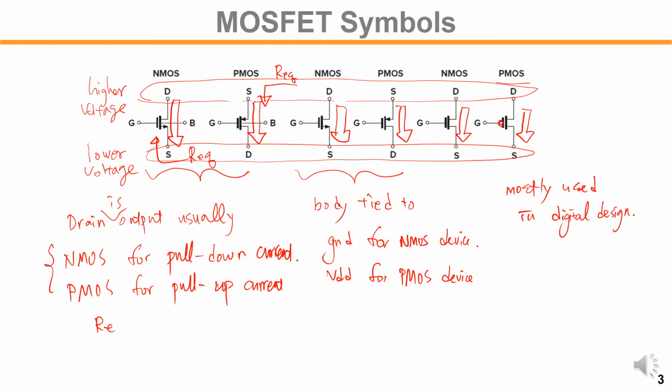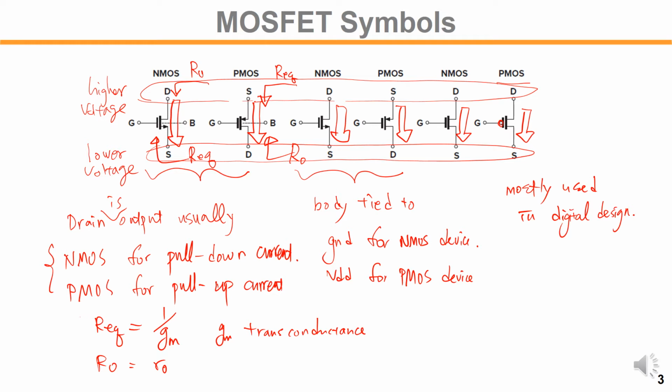Such REQ is defined by 1 over GM, where GM is the transconductance. But if you look into the drain side, that is RO, a small signal RO. So for NMOS also, looking into the drain side, that is RO.